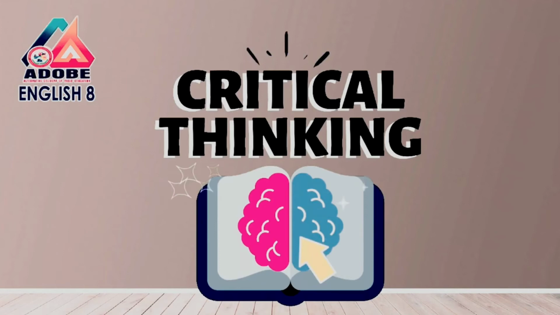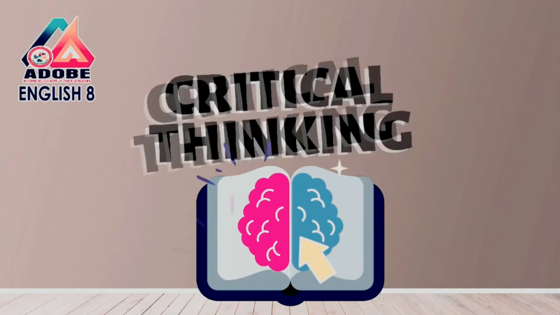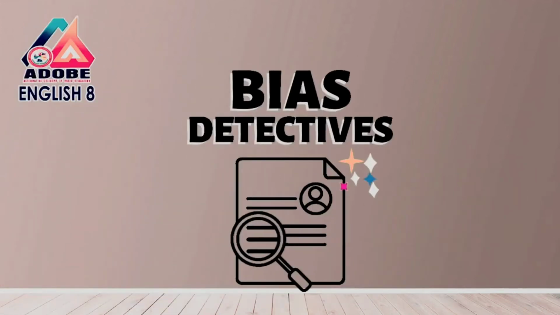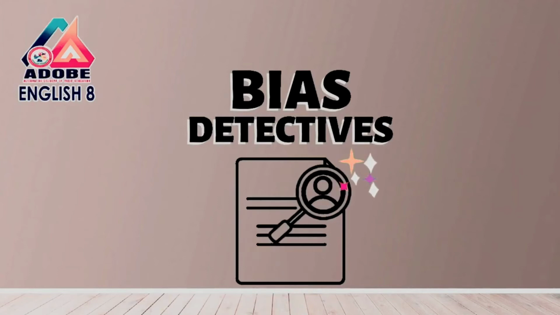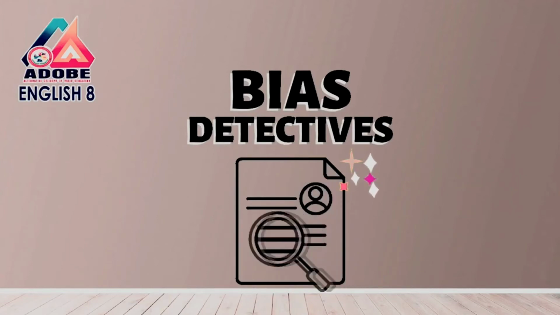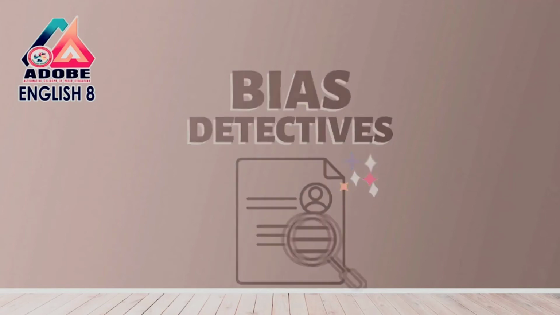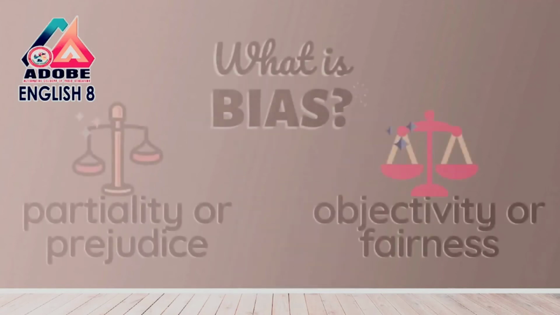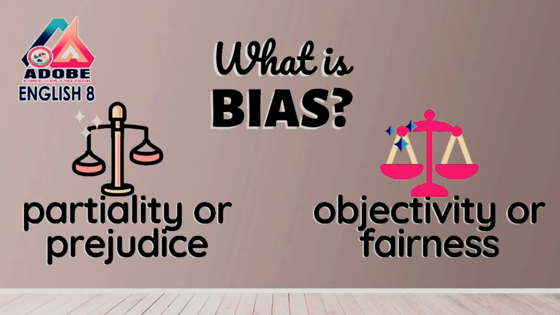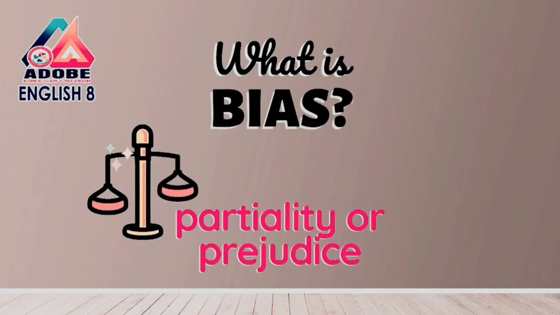Let's see how much you have learned from this lesson. Let's play the game Bias Detectives. What is bias? Correct. Bias means partiality or prejudice.